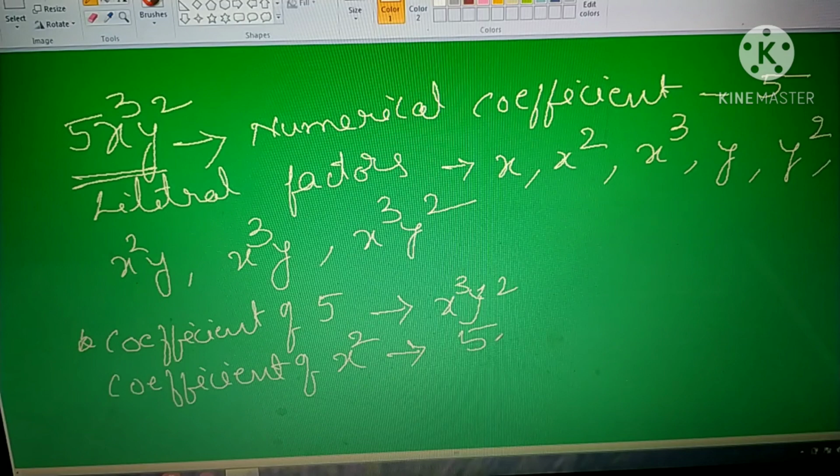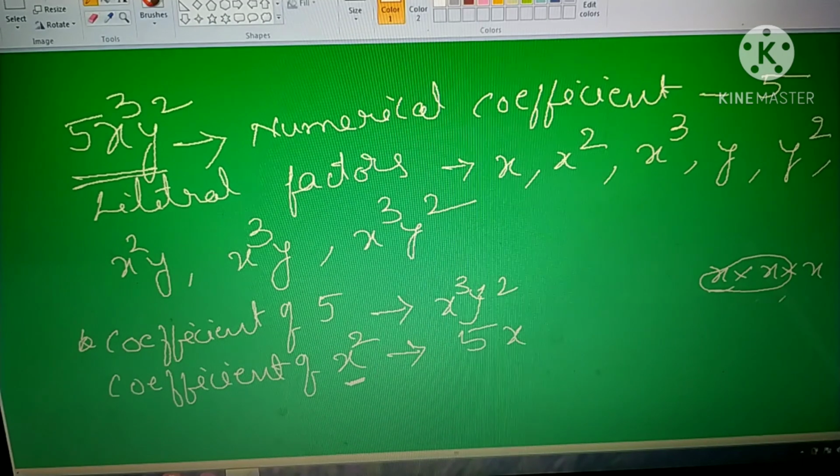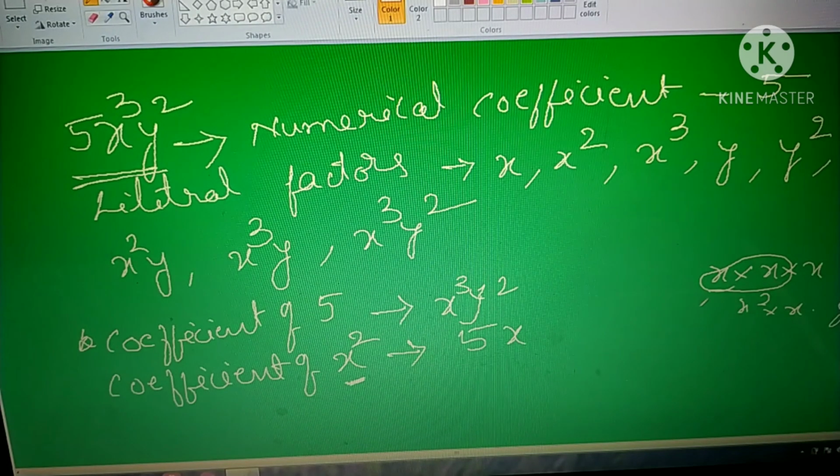Taking out x square from x cube means you have only one x here, right? So x cube means x into x into x. So the coefficient of x square is 5 into x into y square.